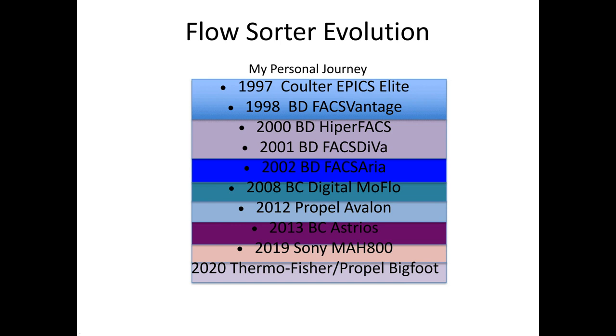Each of these instruments at the time had unique stellar features that were then carried forward in the next set of instrumentation. It also tells a story about how I ended up using instrumentation from different manufacturers, what their pros and cons were, and why we're using what we have now. So I have 10 different little epochs of instrumentation that I want to talk about.